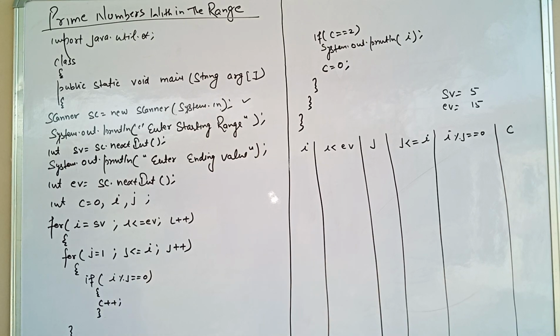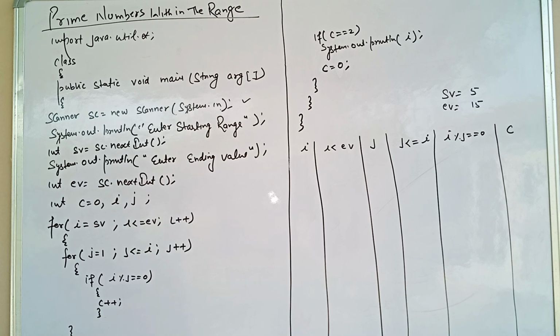Now the third program we will do. In this program we will accept two different values from the user and we will print all the prime numbers within that range.